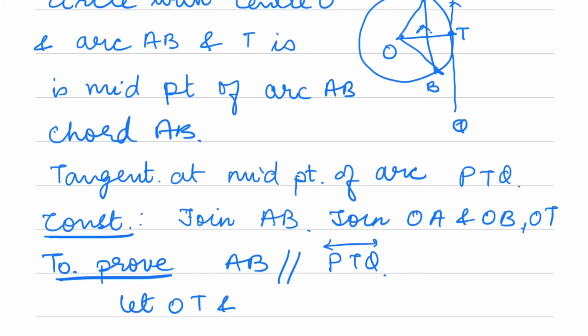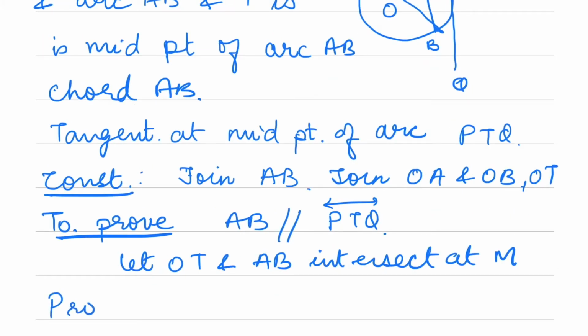OT and AB intersect at M. So this point is M. So now for proof, we'll consider the triangles AOM and BOM.